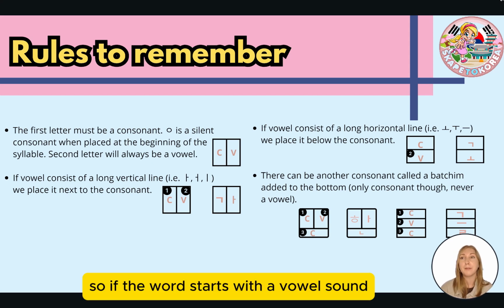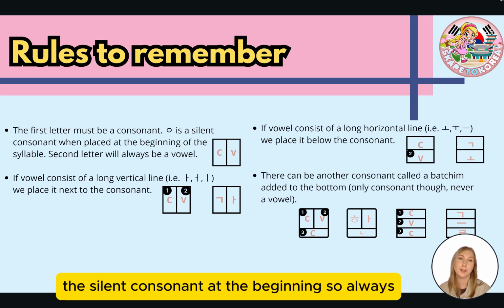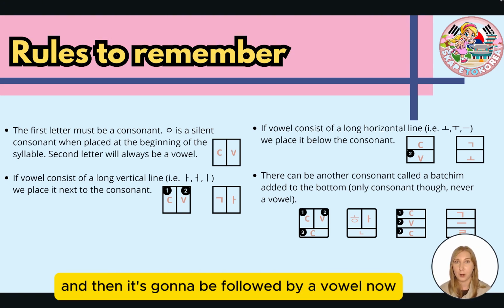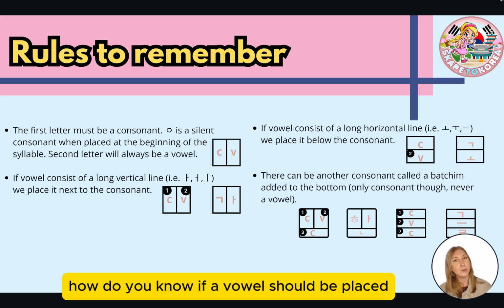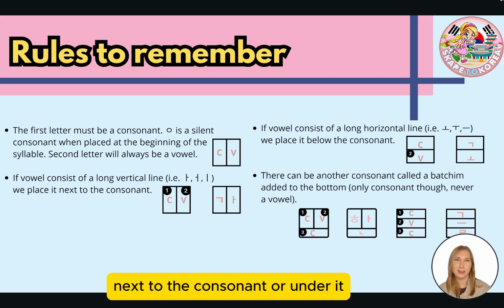So if the word starts with a vowel sound, that's okay, but you have to place the nieng, the silent consonant, at the beginning. So always we'll start with a consonant and then it's going to be followed by a vowel.